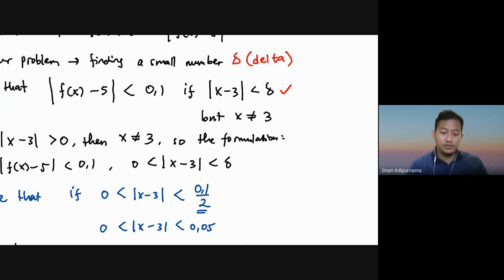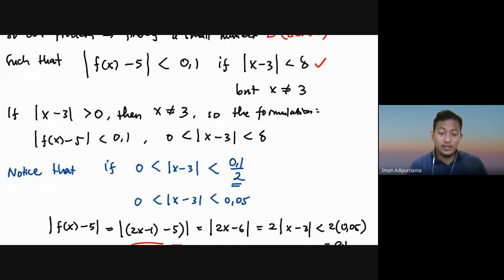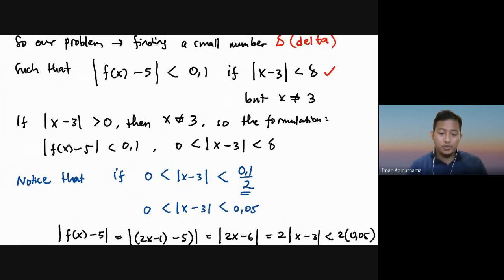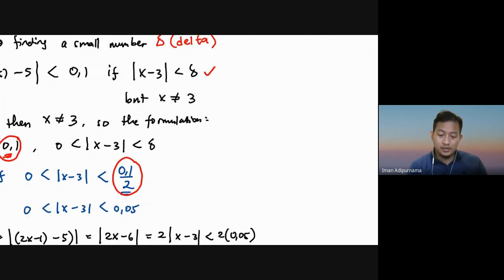So we can imagine that we want to make the 0.1. Let's divide by 2, and from here we manipulate some number. We first assume that delta is some number that is true in this case.